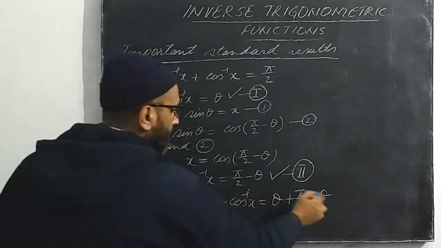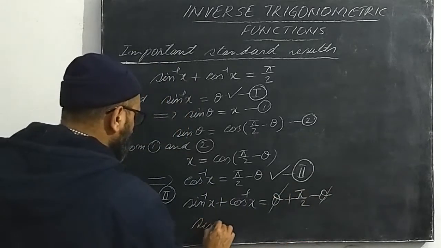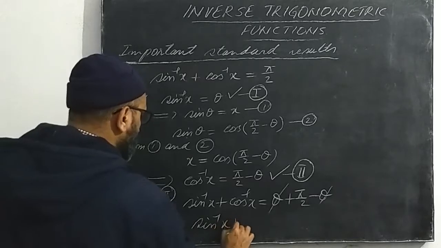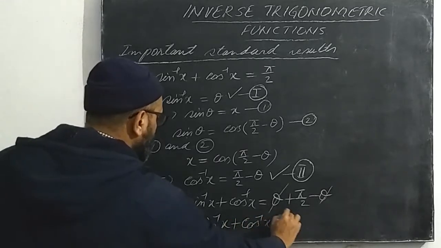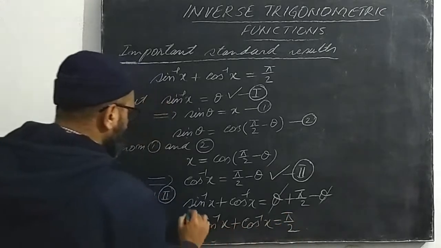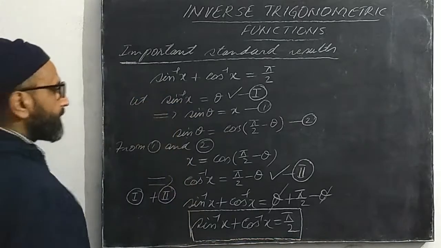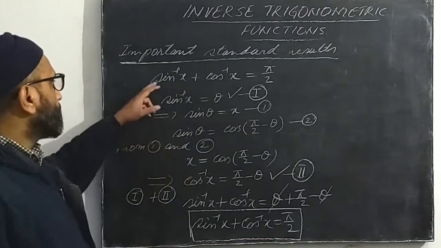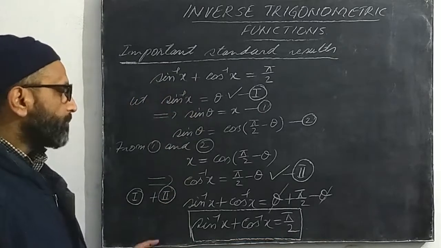Here plus theta and minus theta cancel and we get sine inverse x plus cos inverse x is equal to pi by 2. So this is the desired result which we wanted to prove.